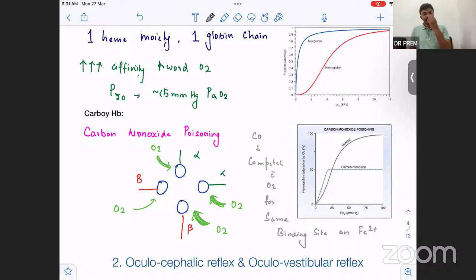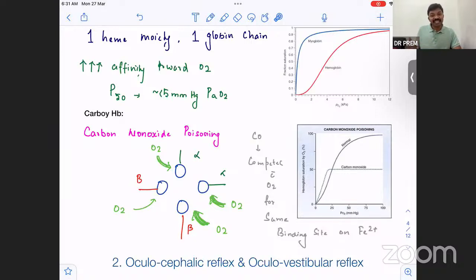So what's going to happen? Since carbon monoxide competes with oxygen, you can clearly see the first oxygen molecule is loosely combined with hemoglobin. The second oxygen molecule is again loosely combined with hemoglobin, whereas the third oxygen and the fourth oxygen are combining with hemoglobin with a very strong affinity. Now, what happens?